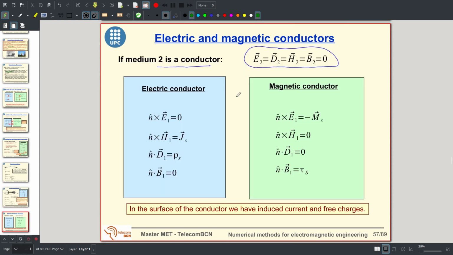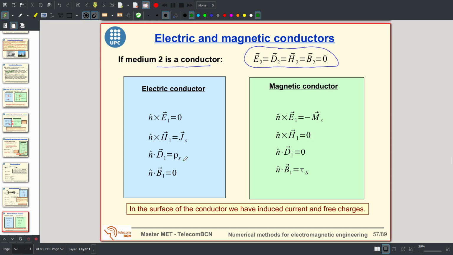And what we get is that the tangent components of the electric and magnetic field are equal to the surface current densities, and the normal components of the fields are equal to the volume charge densities.